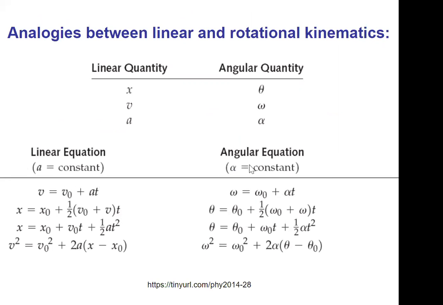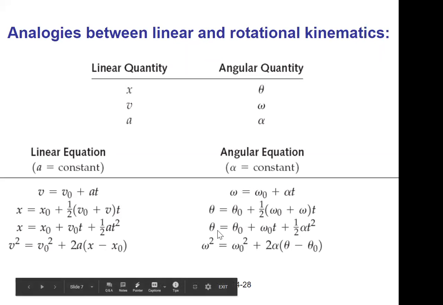For equations of motion, you can make analogs to the linear equations, so you can write out the equations of motion for angular or rotational motion. Angular position is equal to initial position plus the average angular velocity, which means 1/2 times omega 0 plus omega, times t, assuming alpha is constant. So this equation applies only when you assume alpha is constant, as do these other equations.